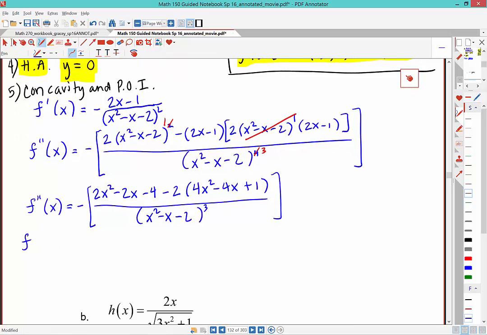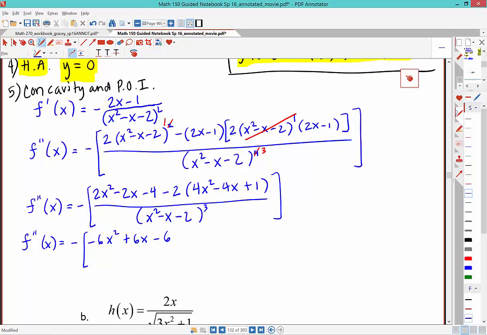So f double prime at x will be equal to, let's see, we'll have a negative 2x squared minus 8x squared is negative 6x squared, and then negative 2x plus 8x is plus 6x, and then we'll have negative 4 minus 2 is minus 6.